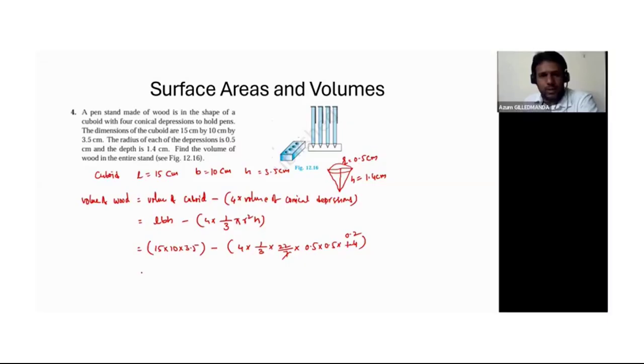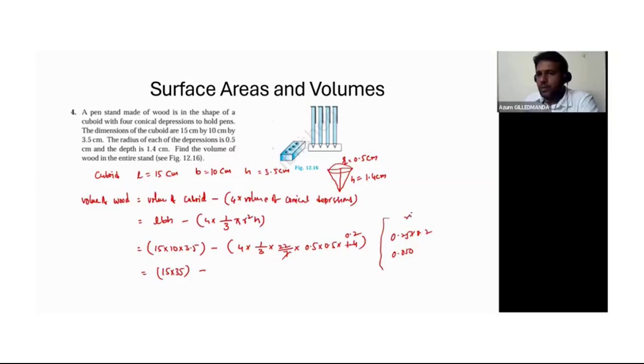I don't think so. So 15 into 35 this becomes, 15 into 10 into 3.5 minus 0.5 into 0.5, which is 0.25. 0.25 into 0.2 is 0.05, because I'm multiplying with 0.2.